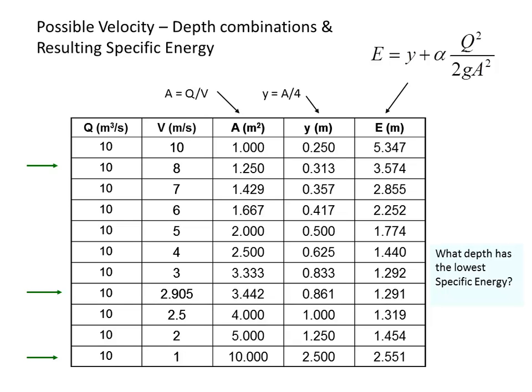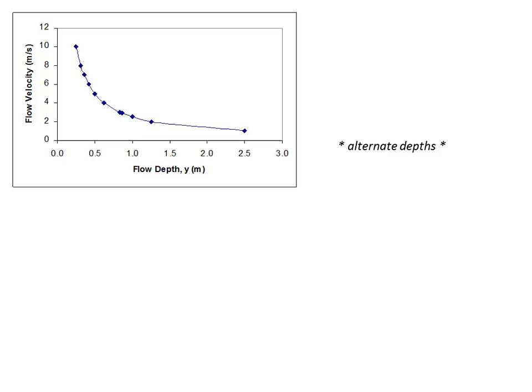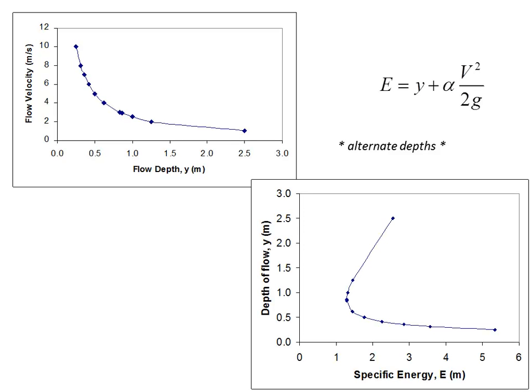And so you could say that this is the most efficient flow. This is the flow where you're getting the most flow rate for how much energy exists inside of the flow. So it's not like energy is being added to the flow. That's just how much energy is in the water as it's moving, as a function of its depth or its velocity. Okay, so back to this graph.